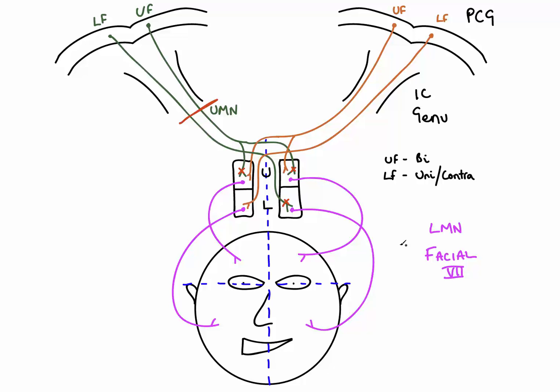And this is where that bilateral innervation is really, really important, because we can see that we have bilateral innervation to the upper face, so this nucleus is still receiving an input. So this upper region of the nucleus will still be able to activate these lower motor neurons, enabling the musculature in the upper portion of the face to contract.